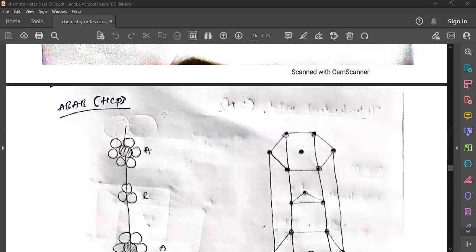Close packing in the three-dimensional way. What are the two different type of structures? And what is the meaning of octahedral void and what is the meaning of tetrahedral void?